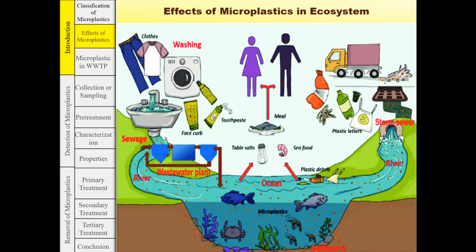This microplastic is consumed by different aquatic animals in the ocean, and whenever we consume those aquatic animals as food, as contaminated seafood, it enters into our blood circulation. So this is the overall effect, which shows how our waste products come back into our body in a circulated manner.